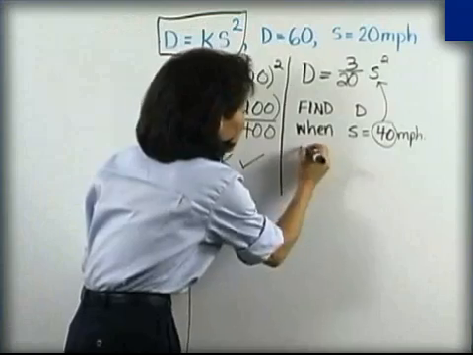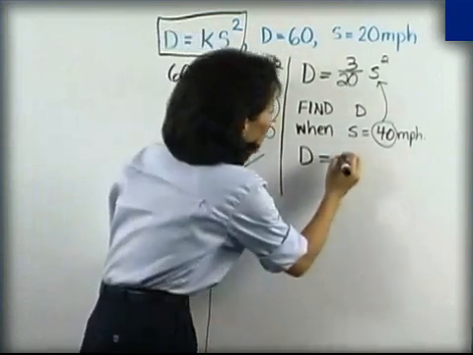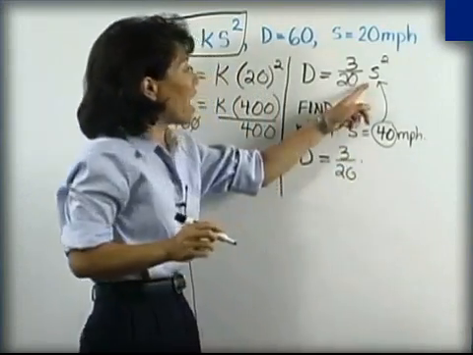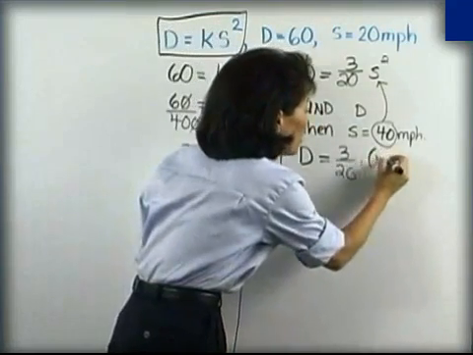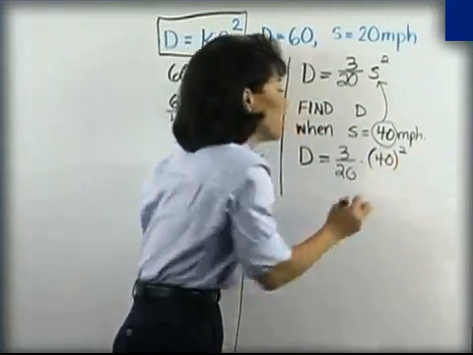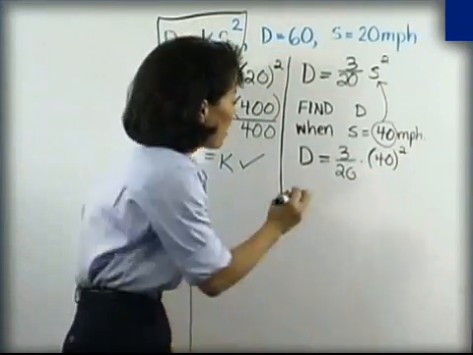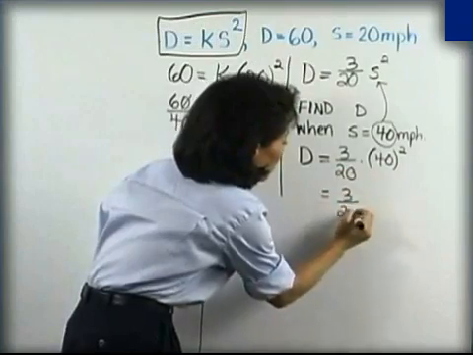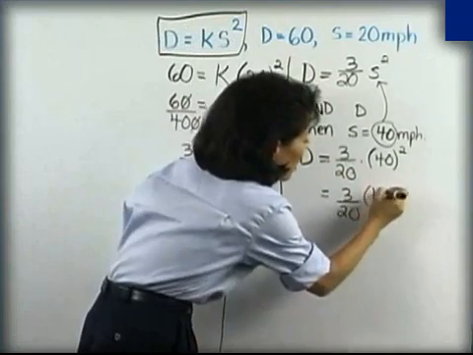So the distance d that it takes the car to stop on this icy road is 3/20 times s squared. s is given to be 40. So we need to find d when s is equal to 40 miles per hour. So basically we just have this small calculation, 3/20 times 40 squared, which is 1600.